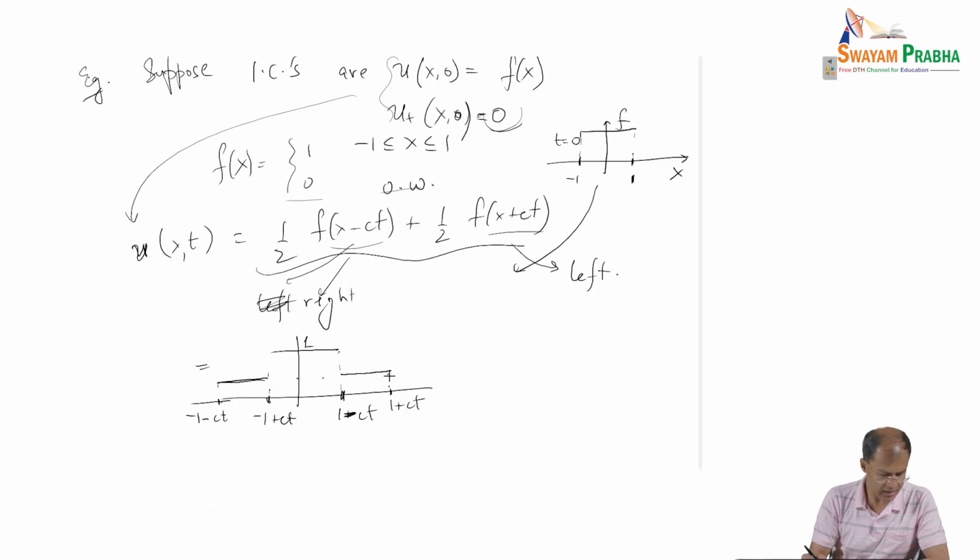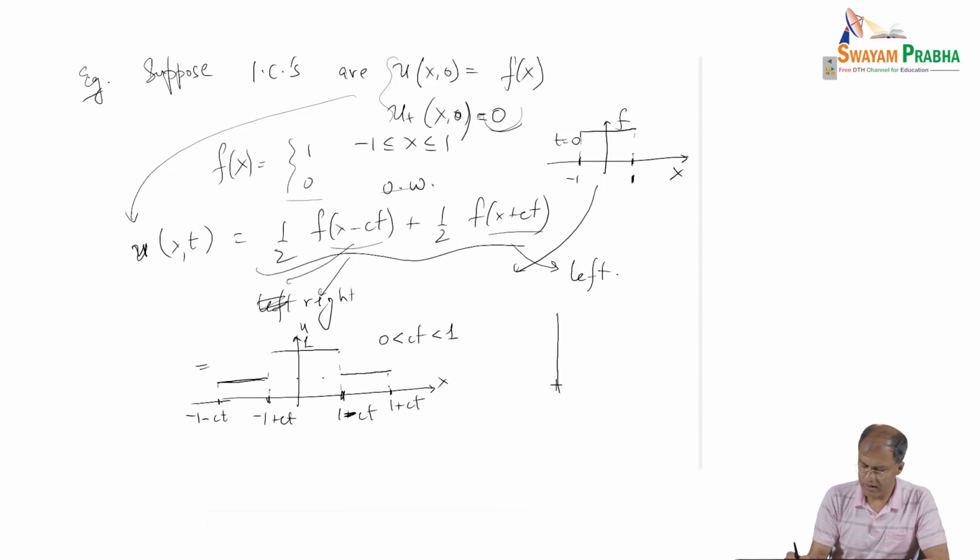And we see that the solution u is this for the time when ct is 0 to 1, so for small times. For larger times we expect these rectangular waves are going to separate out and leave a gap in between.